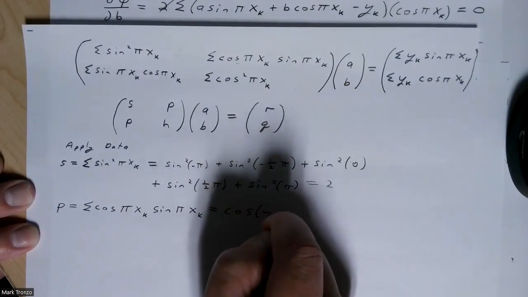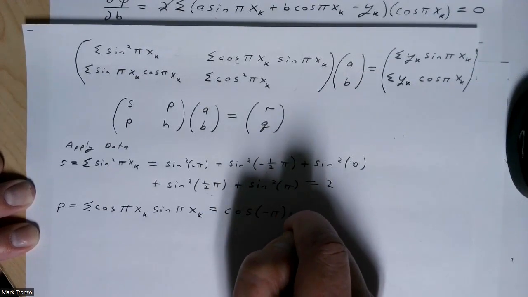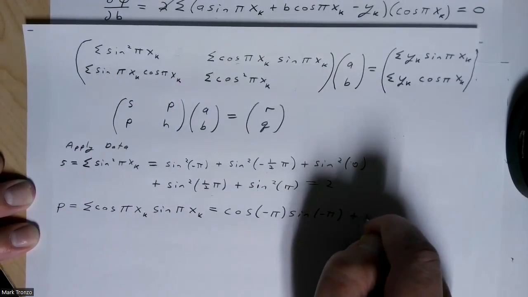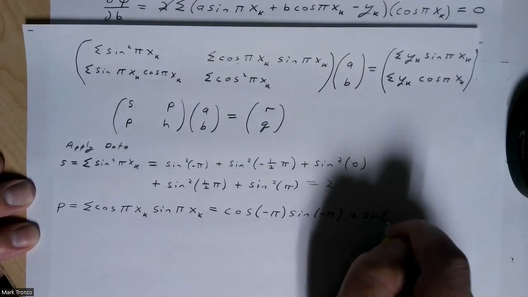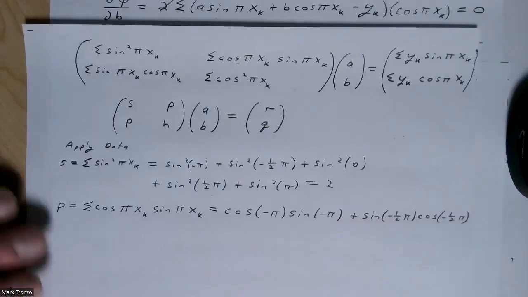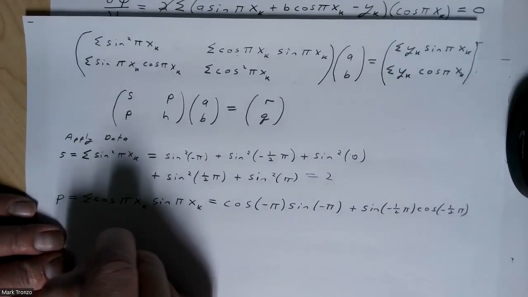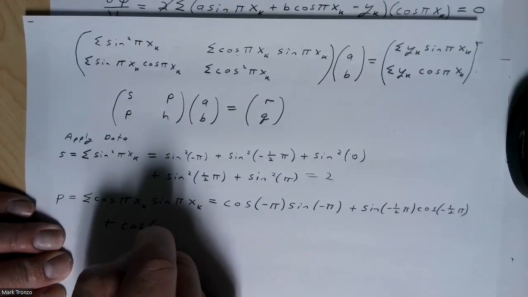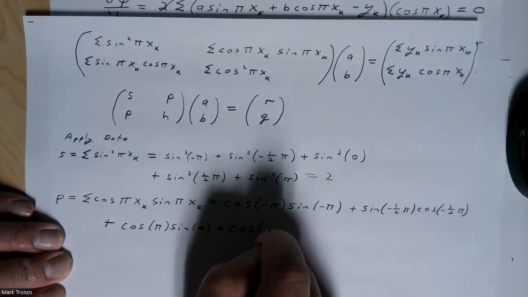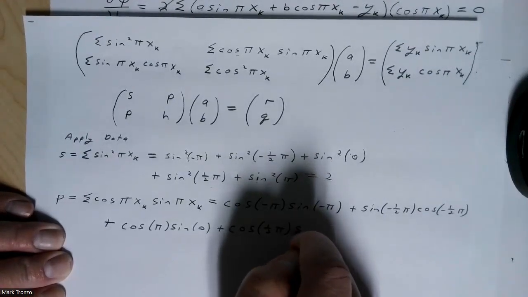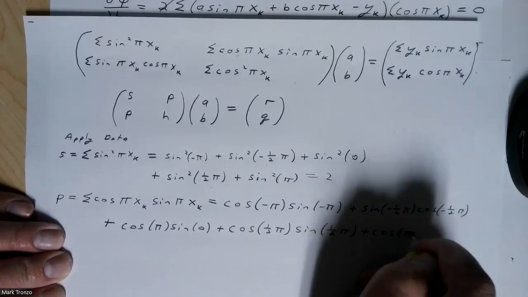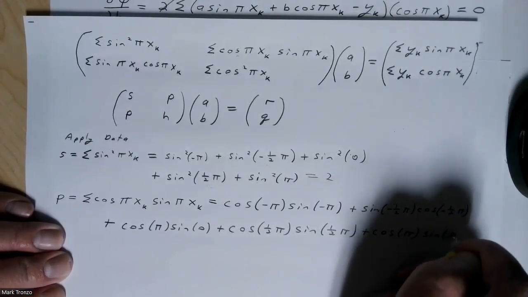We have cos negative sine negative pi plus sine -1/2 pi cos -1/2 pi, and then plus cos pi sine 0 plus cos 1/2 pi sine 1/2 pi plus cos pi sine pi, like this.